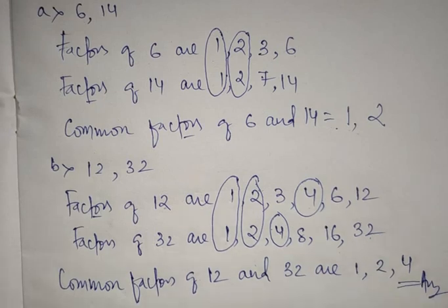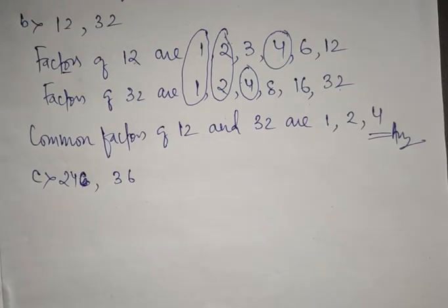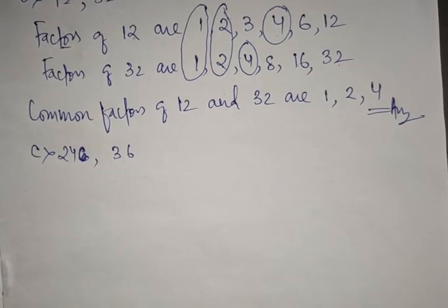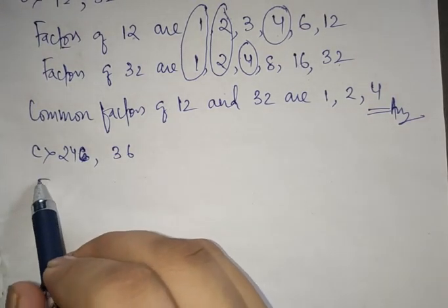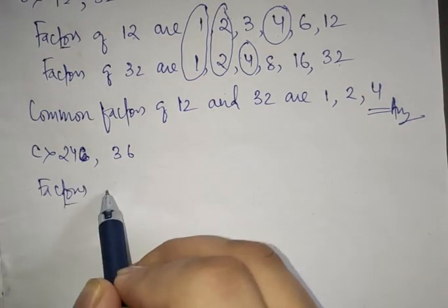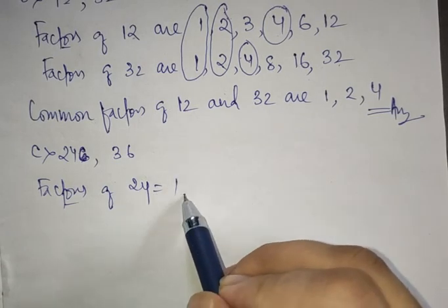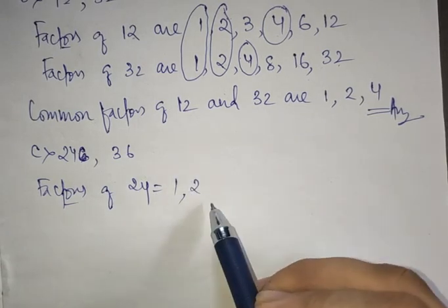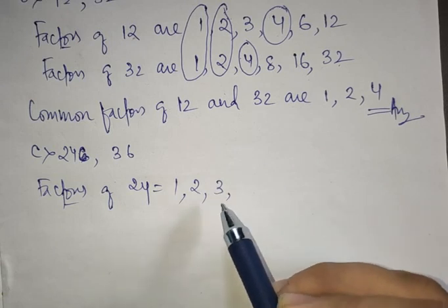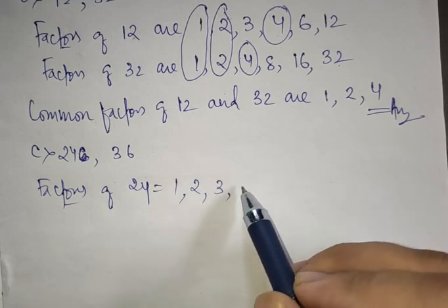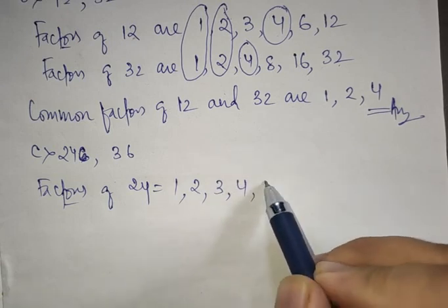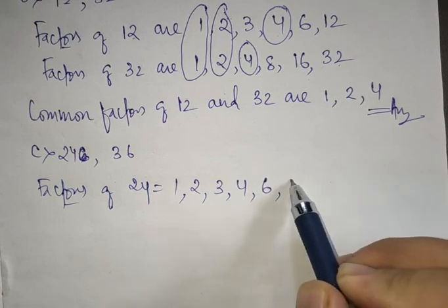Proceeding to the next part, we have to find the common factors between 24 and 36. First of all, you'll write the factors of 24. What are the factors of 24? 1 into 24 is 24, then 2 12s are 24, 3 8s is also 24, 4 6s is 24, then 6 4s are 24.